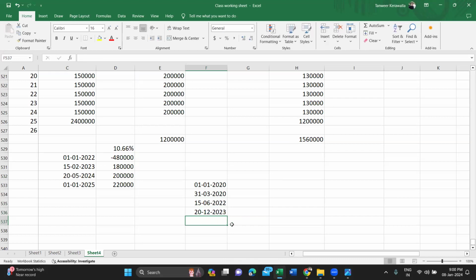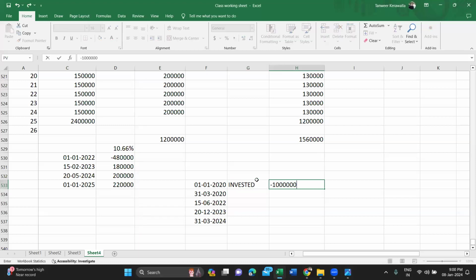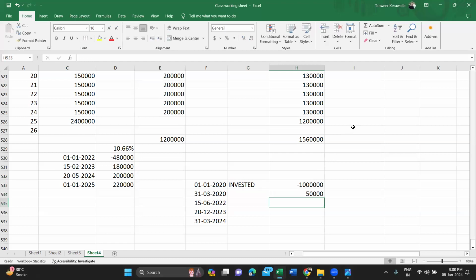And then March 2024. So these are the dates available for us. Now, on 1st January he invested, let's say, 10 lakh rupees in some share or in a mutual fund. Then 50,000 he received as dividend on the 31st of March 2020.